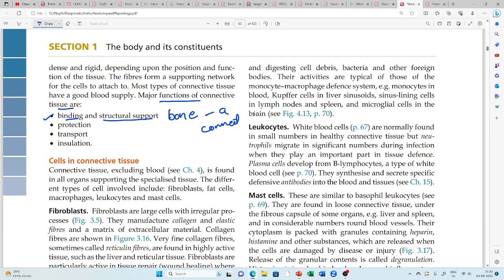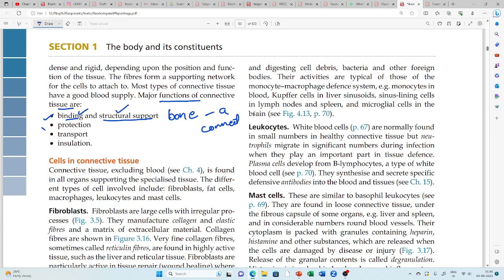Moreover, muscles, tendons, everything is there to bind or hold the bone, and these are also connective tissue. So the first function is binding and structural support.